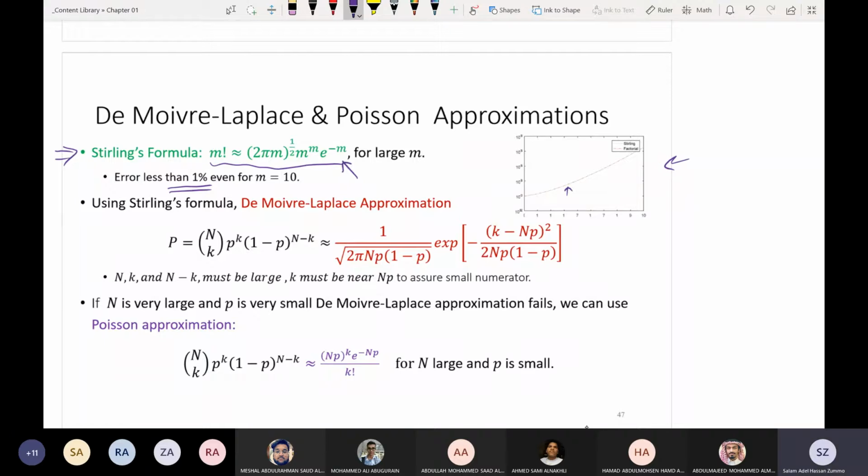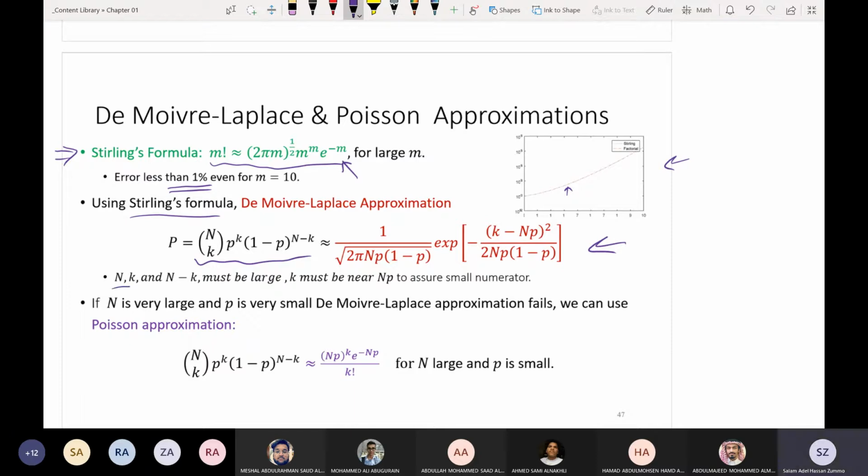Now, using Stirling's formula, the first approximation is the de Moivre-Laplace approximation, which gives you the approximation of the whole thing, N choose k, p to the power k, multiplied by 1 minus p to the power n minus k. The whole thing is approximated by this red equation. As you can see here, there is no factorial at all, and it's a simple exponential function.